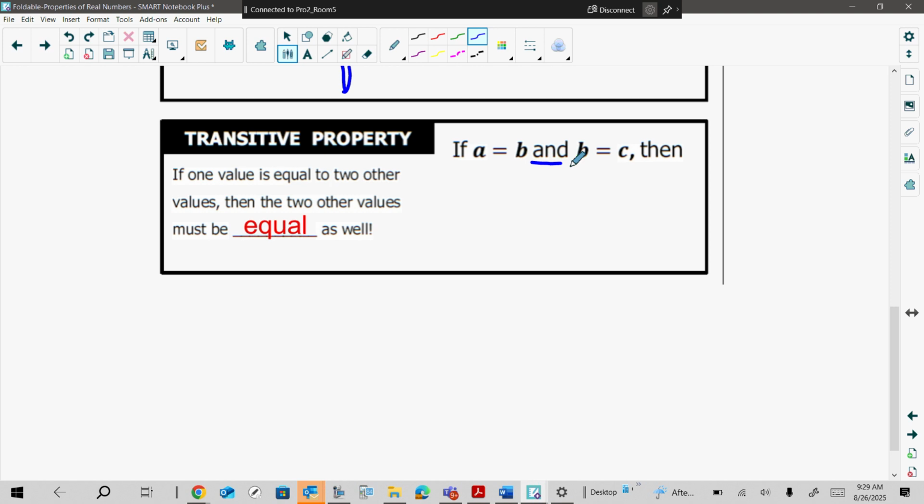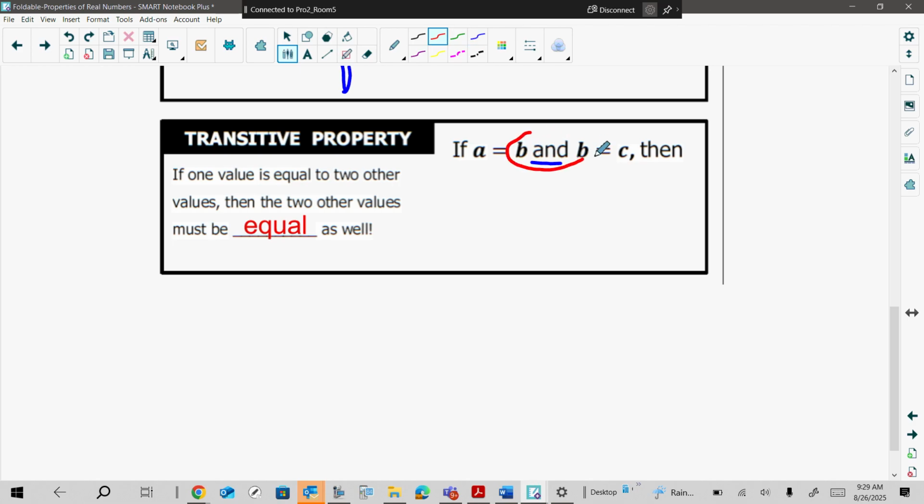The other thing is they should have a common part. So this statement is always going to be an if-then statement, but it says if A equals B and B equals C, then we're going to make the conclusion. So do we see how they have the B in common on both sides?